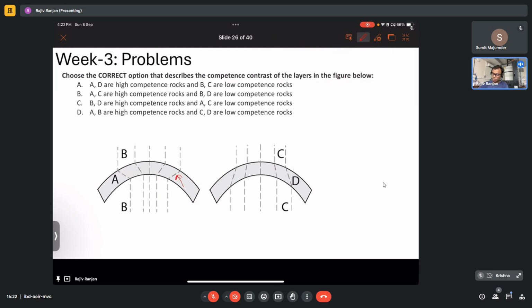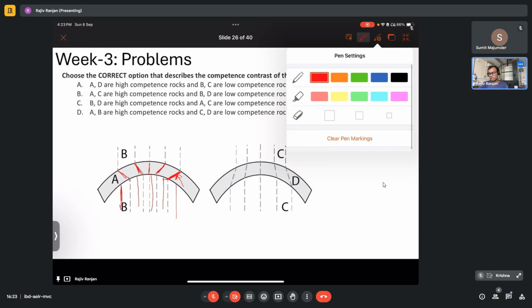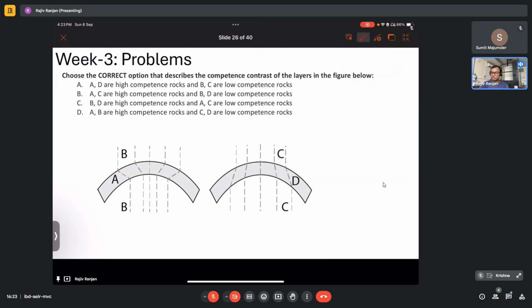So here you can see there is larger deformation that has happened, right? Otherwise, this would have been straight. This would have been here, this would have been here. But you can see there is larger deformation happening in layer A, right?